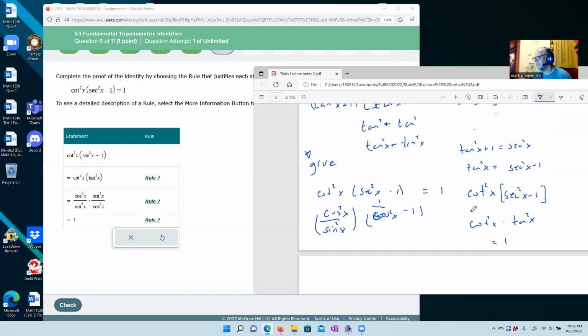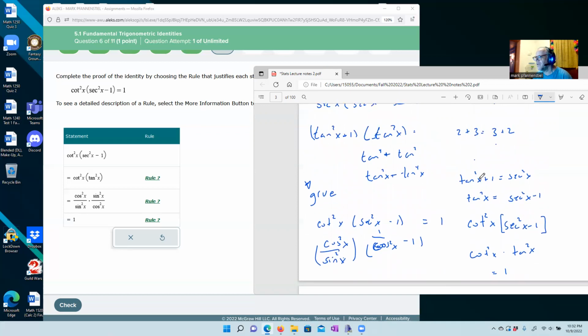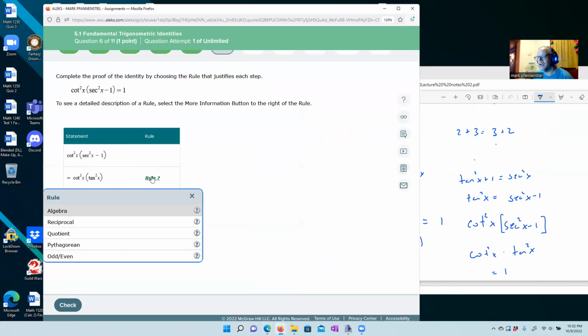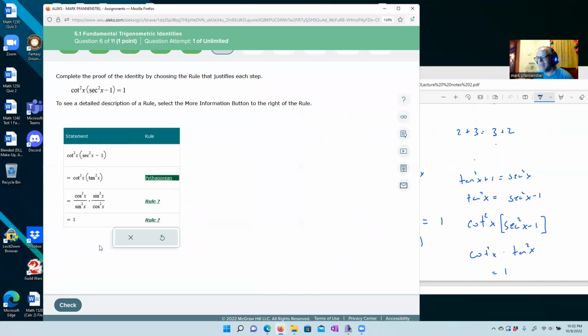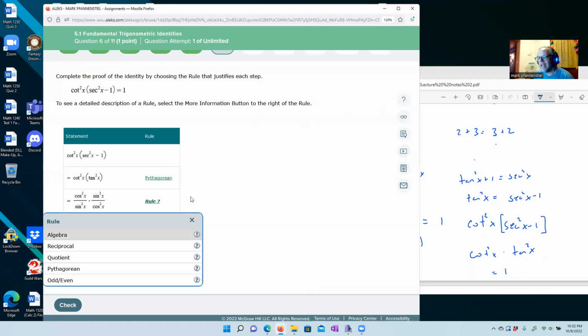So let's see if we can trace back what we have here. The first thing we did was a Pythagorean identity where we said secant squared minus 1 was equal to tangent squared. So we're going to go back and say that's a Pythagorean identity here. And then we said cotangent was cosine over sine. Let's see what rule that is. I don't want Pythagorean.